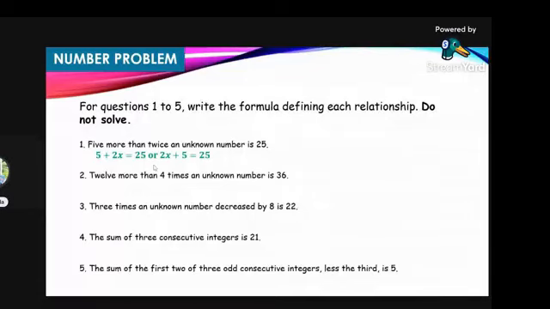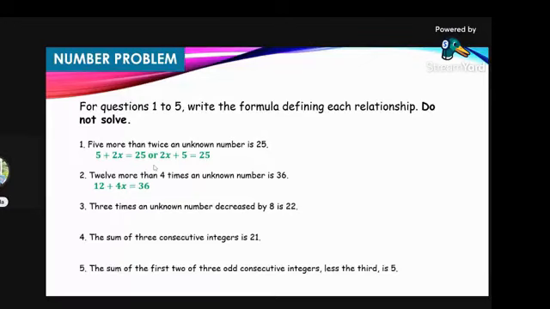Ma'am Jean, Sir Jose, Ma'am Jocelyn, Sir Har, Ma'am Diana, Marlon, Sir Jerwin, Sir Jake, Ma'am Jezza, and Jen Jen also got the answer for number 2 correctly. 12 plus 4x is equal to 36, or 4x plus 12 is equal to 36. That is for number 2.